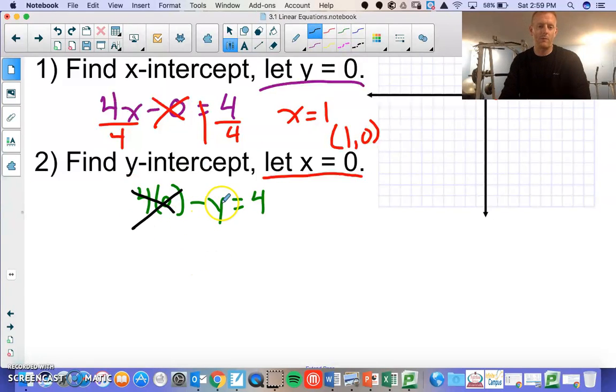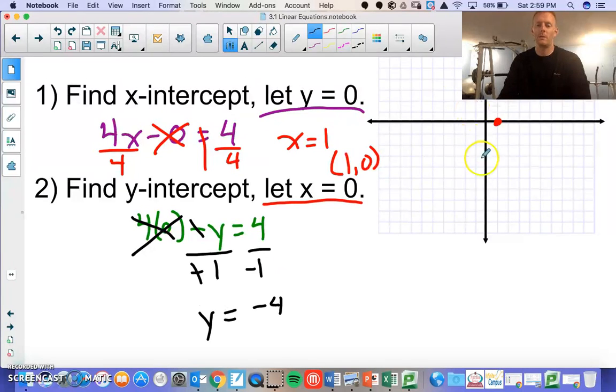So we have a negative y is equal to 4. So we're going to divide by a negative 1 to make a positive y. That gets rid of our negatives. And then y is equal to a negative 4. So if we were to graph that, we come on over here, down 1, 2, 3, 4, put a dot, and then we can connect the dots and know that this is what our graph is going to look like.